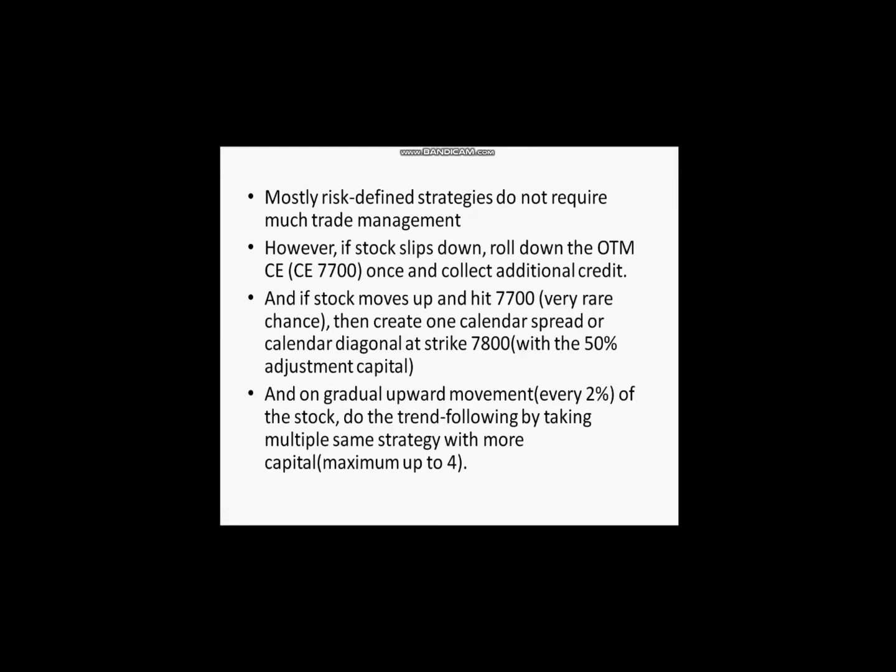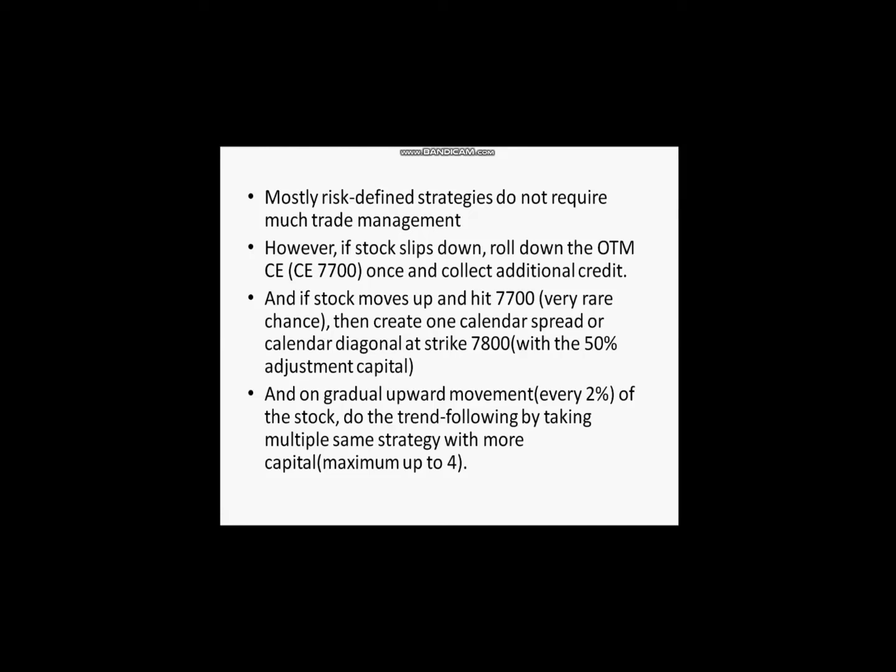The major disadvantage of the directional trade, if the stock reverses back from a particular point, there is a chance that your strategy will run into loss. But in this strategy, the downside risk is almost like zero, very minimum. So there is no downside as such if the stock falls suddenly or if there is a crash in the stock market.